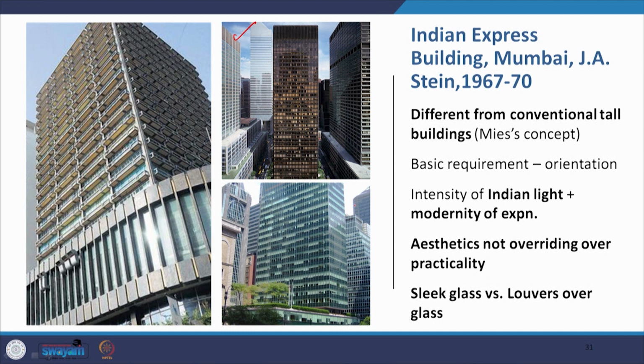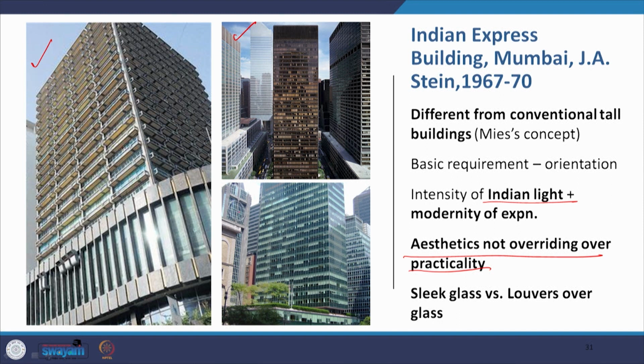And now the basic requirement of this Indian Express building was orientation. There was this intense Indian sunlight, but it also had a modernity of expression. But the aesthetics of the Indian Express building were not overriding the practicality.